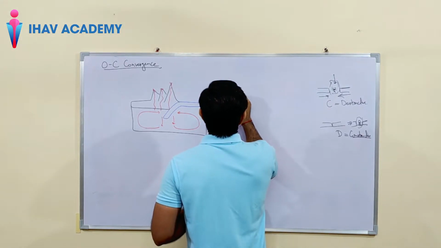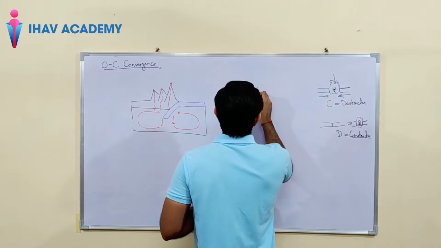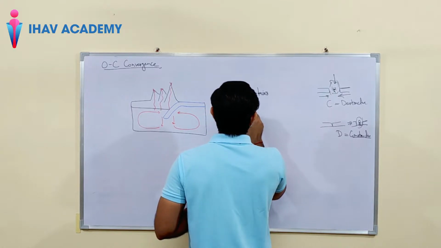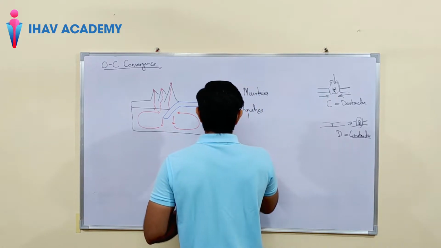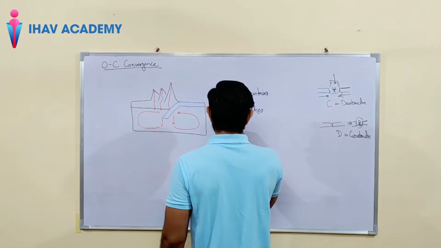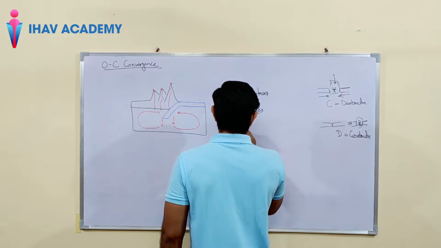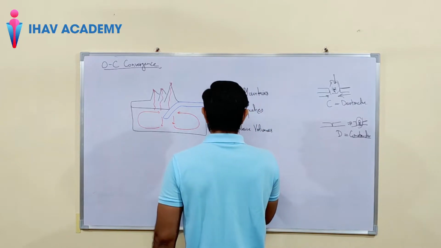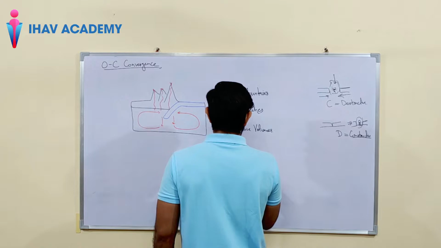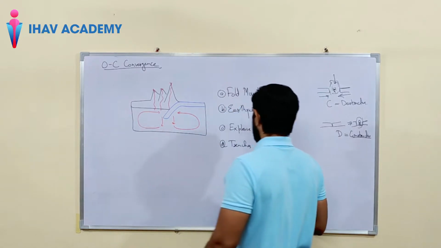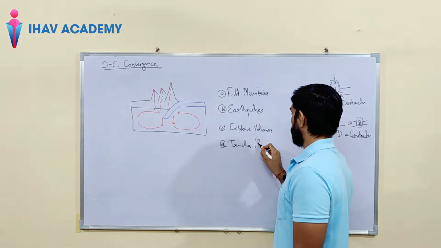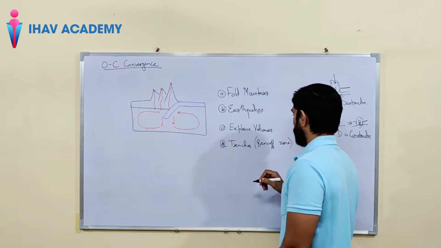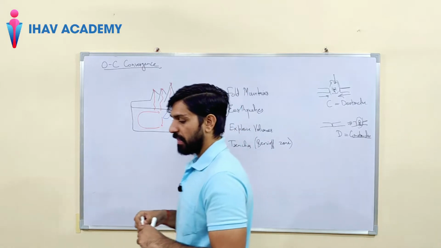We have fold mountains, we have earthquakes, we have explosive volcanoes, and we have trenches, also known as Benioff zone or zone of subduction. Benioff zone or zone of subduction.